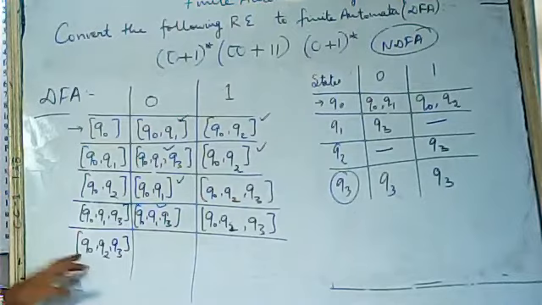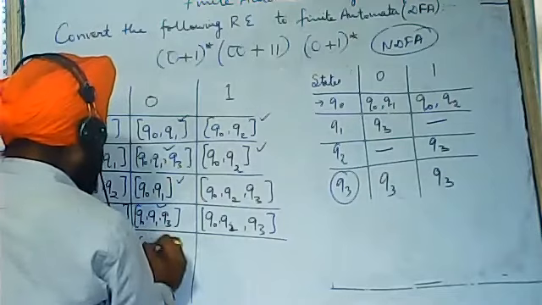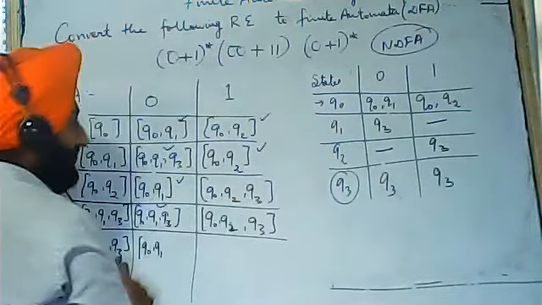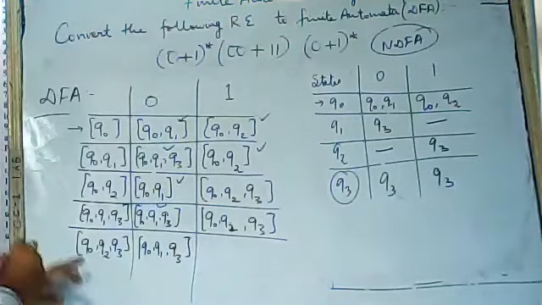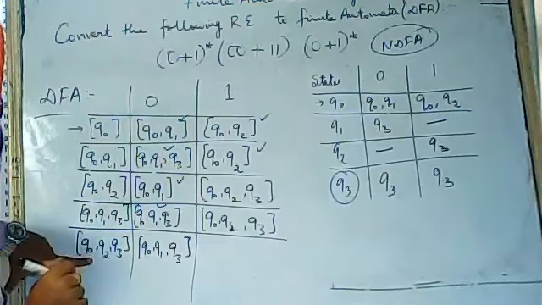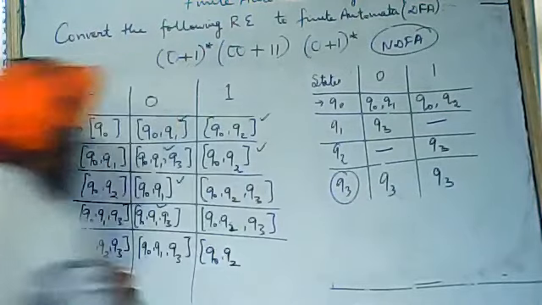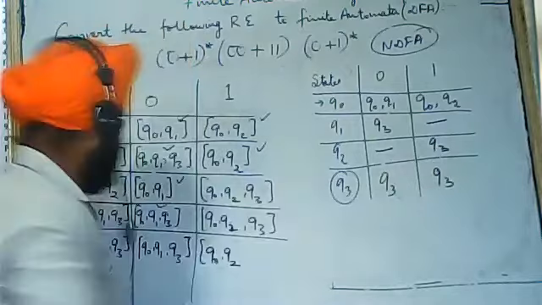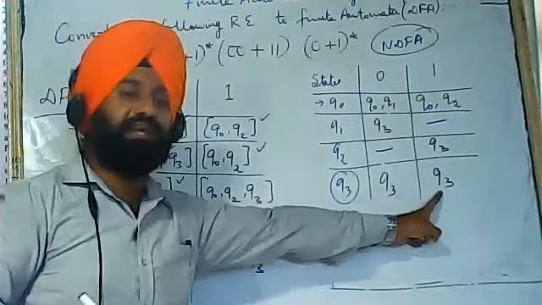So again check for q0 upon 0: q0, q1; q2 upon 0: nowhere; q3 upon 0: q3. Next, q0 upon 1 is q0, q2; q2 upon 1 is q3; and q3 upon 1 is again q3.